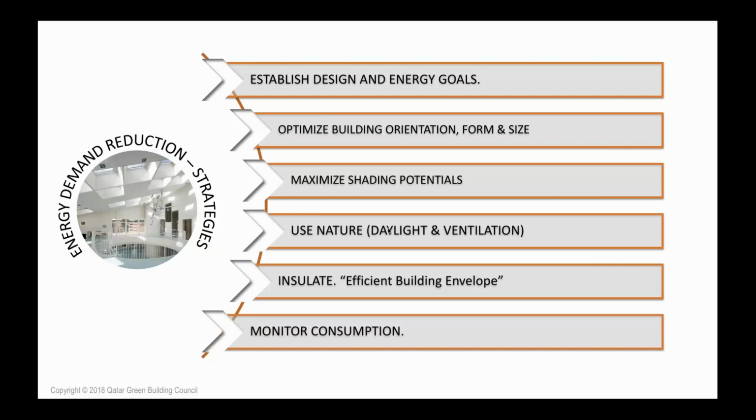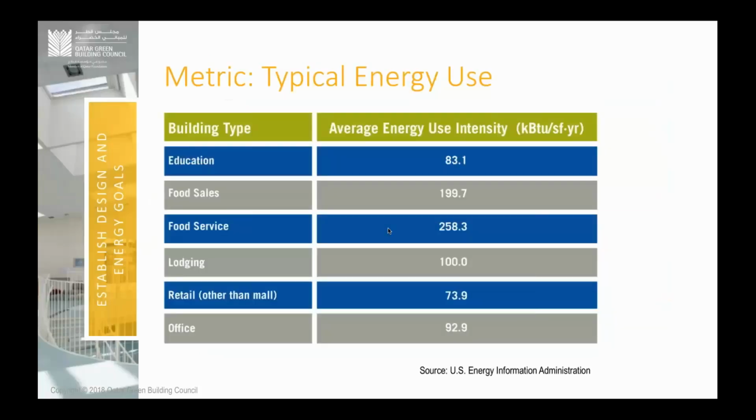The first one is establishing design and energy goals, optimizing building orientation, form and size, maximizing shading potential, using nature for daylight and ventilation, insulating an efficient building envelope, and we need to highlight efficient building envelope, and then monitoring the consumption overall. Now we will go through each one of these strategies in the next few slides.